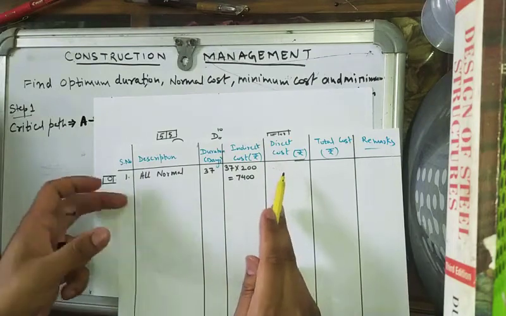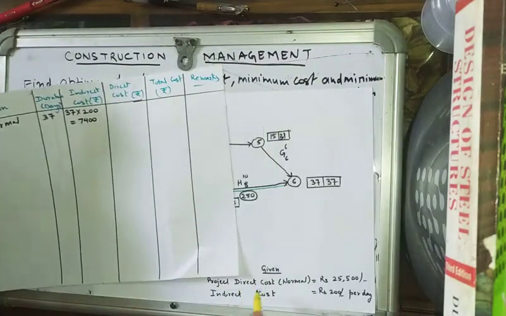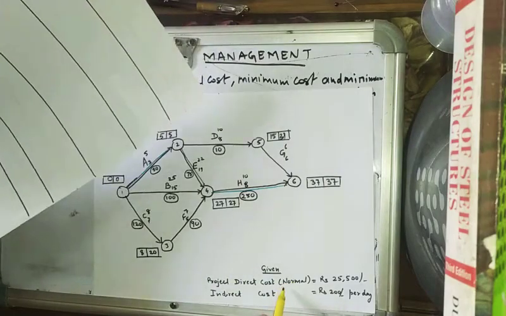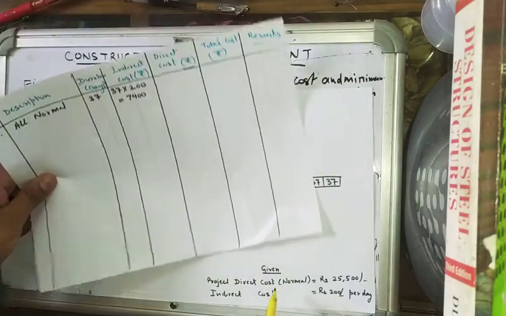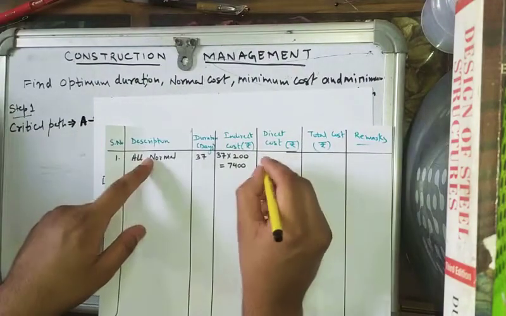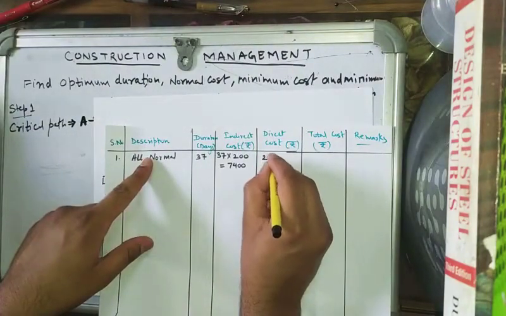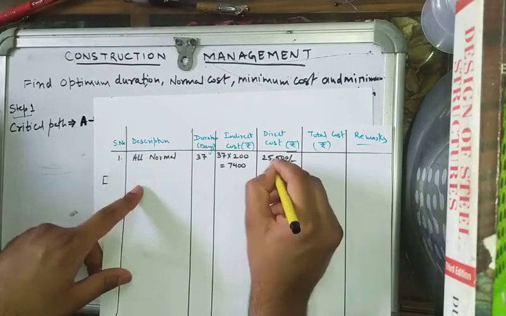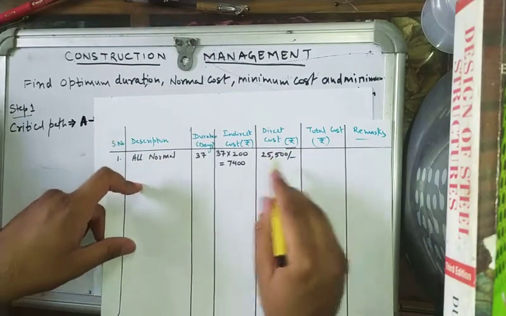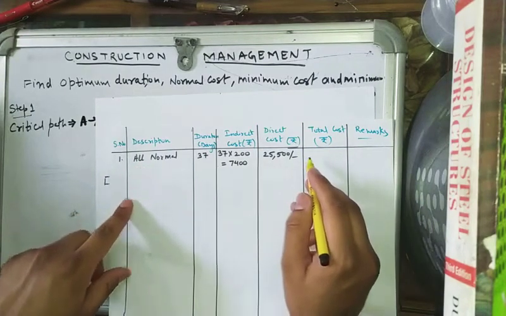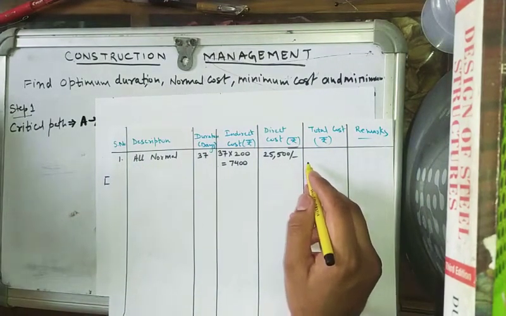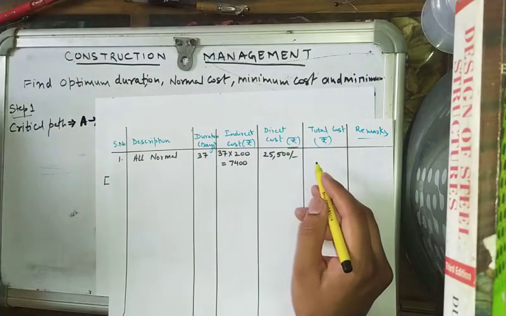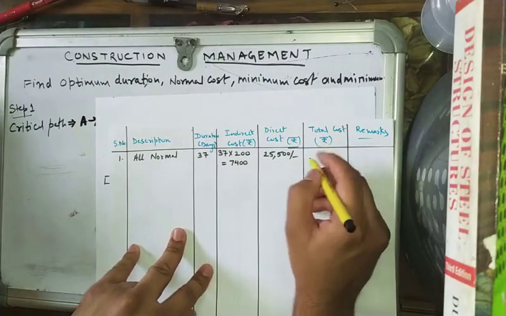The direct cost, when all the activities are completed in normal time, is given as 25,500. So the total cost will be, we'll add these two, 32,900.